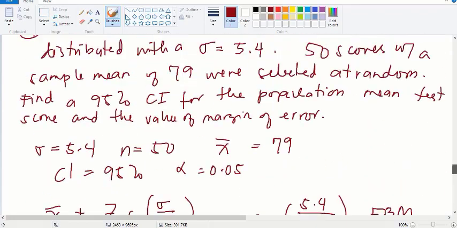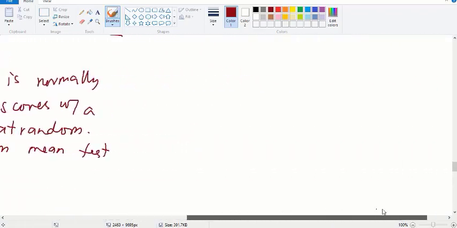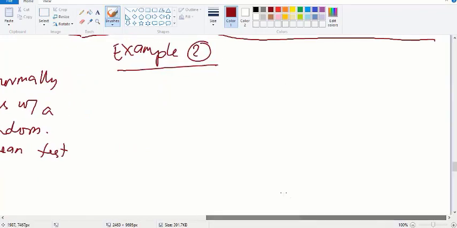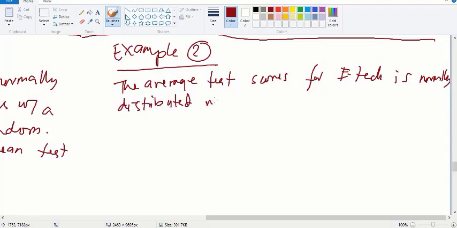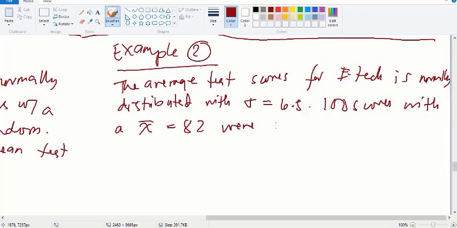Will it still fit here? Okay, I'll go to the other side. Okay, so let's say that the average test scores for E-Tech are normally distributed with variance of 6.5. 100 scores with a sample mean of 82 were selected at random.